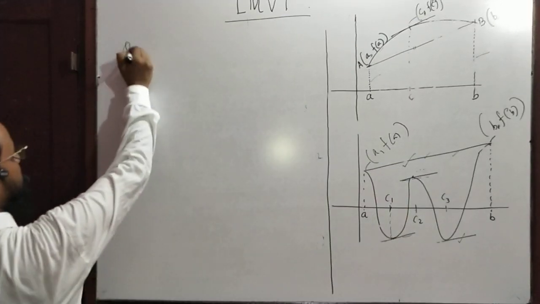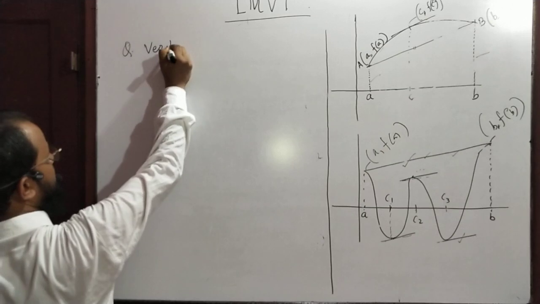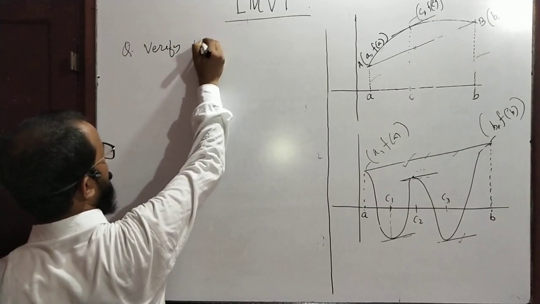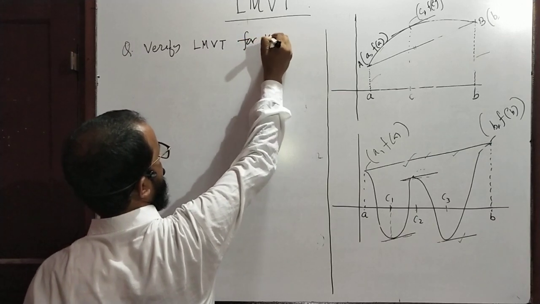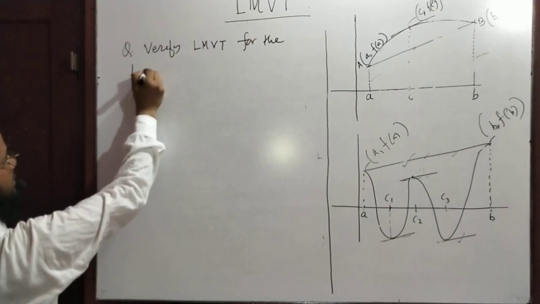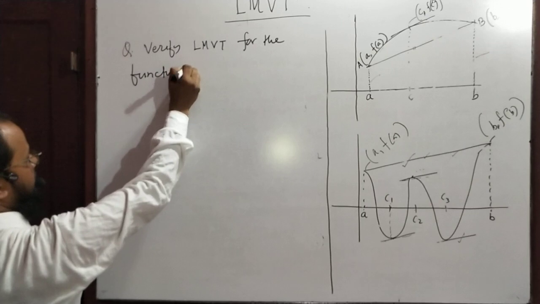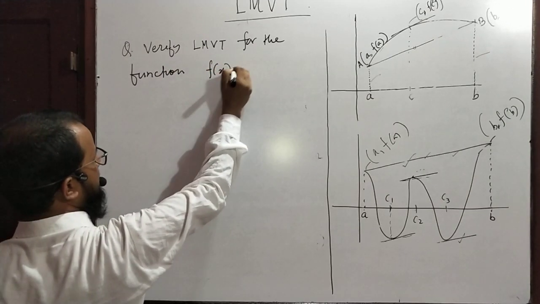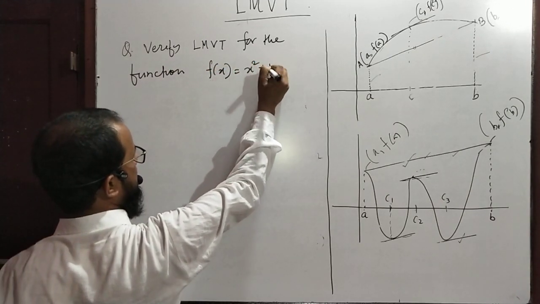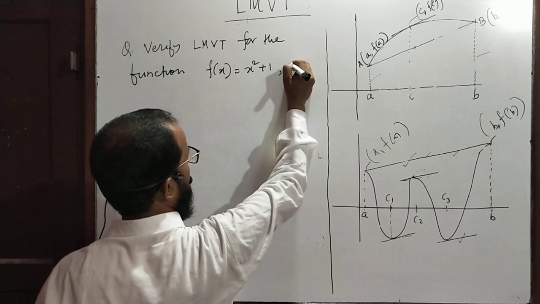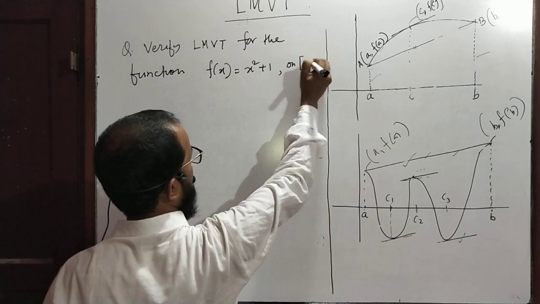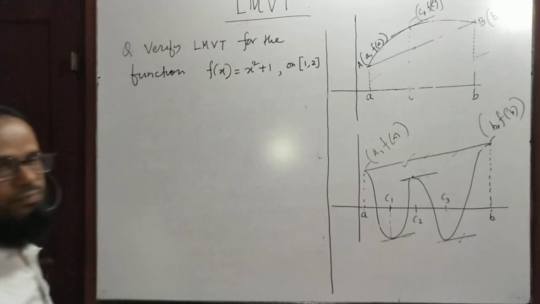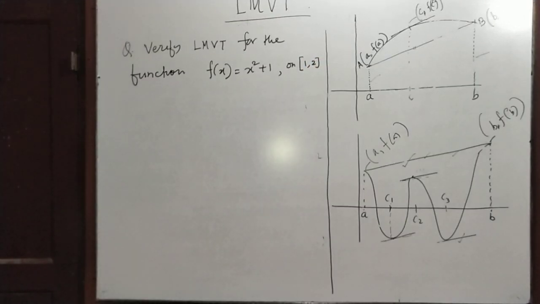Question: verify Lagrange's mean value theorem for the function f(x) equals x square plus 1 on the interval [1, 2].